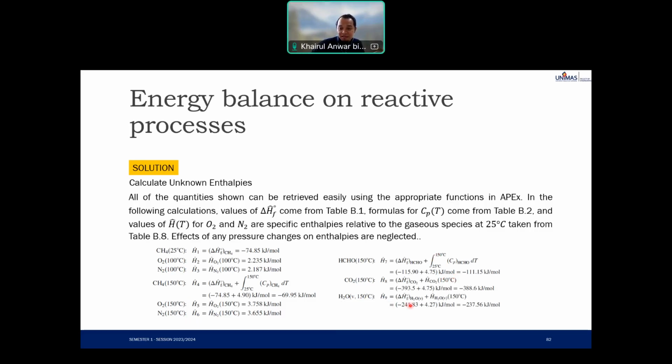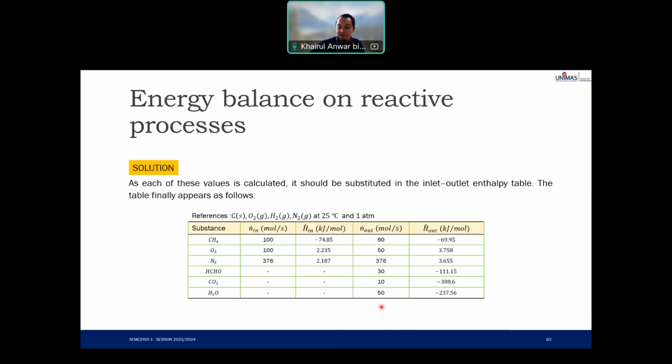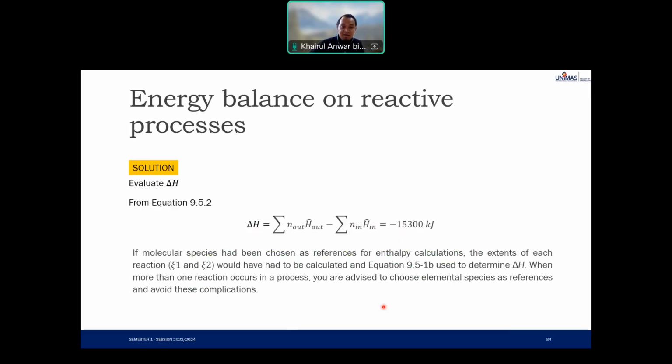H2O is also a heat of formation: 1 H2 plus half oxygen. This is table B1 and this is table B8. So write all of it back in this table, then do this, delta H.